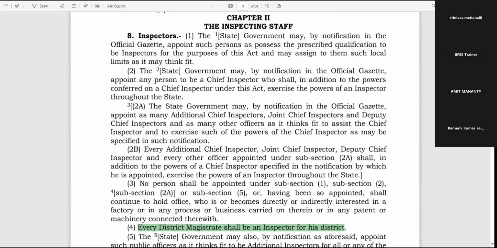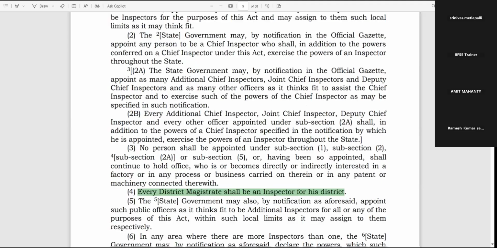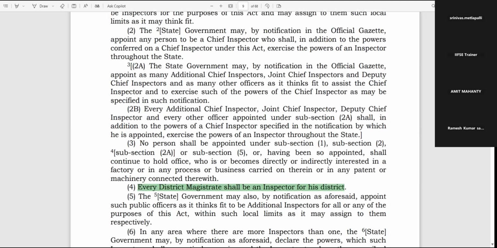So the state government will decide the qualification of the inspectors, and the notification will be in the official gazette, so they get official listing and all. Let us not get into this detail.